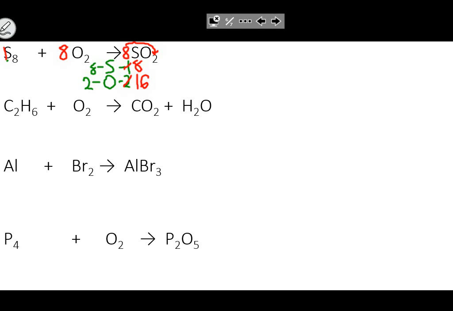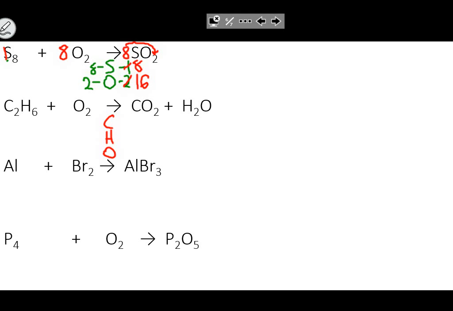8, 8. All right, so we got a combustion reaction. We got, what is this? Methane. So I got CHO. It's been too long since I've done organic chemistry.